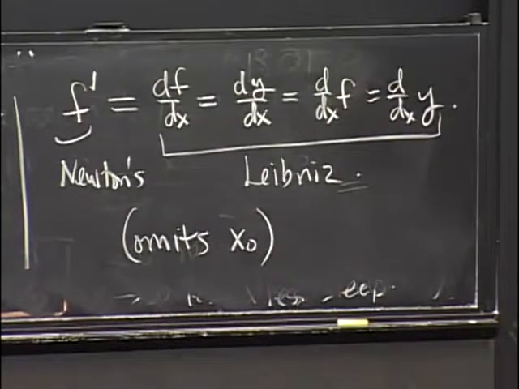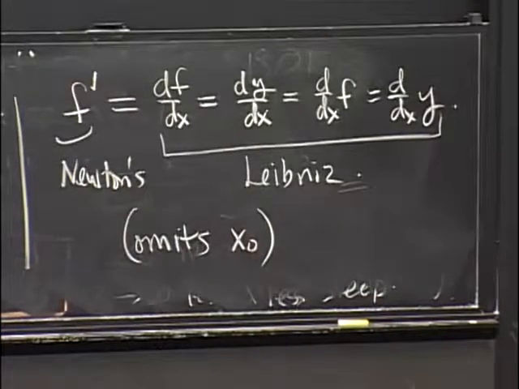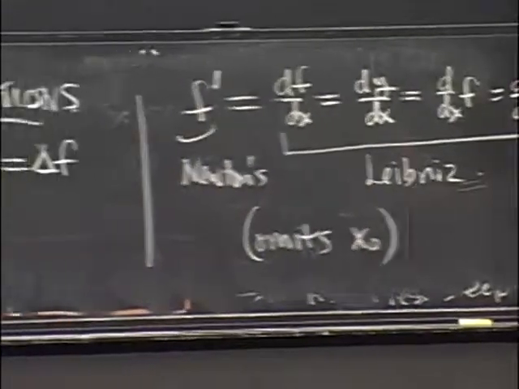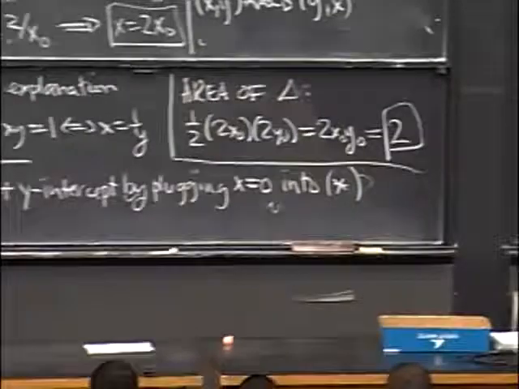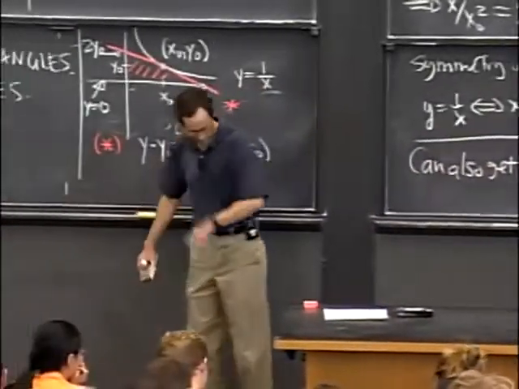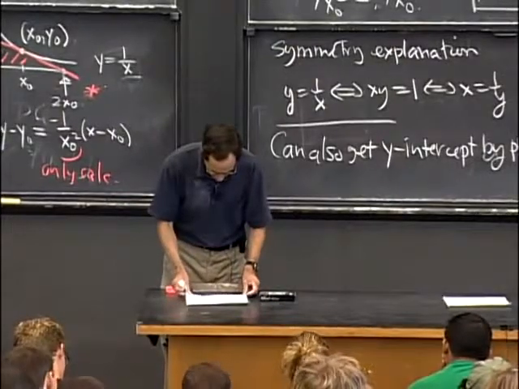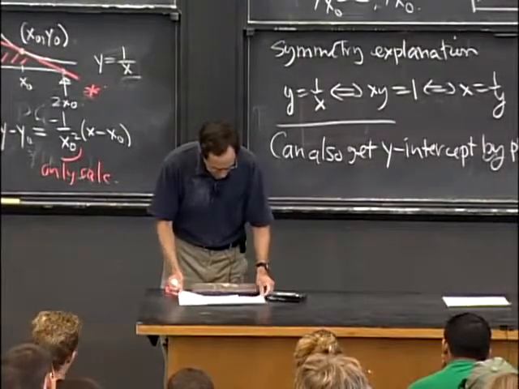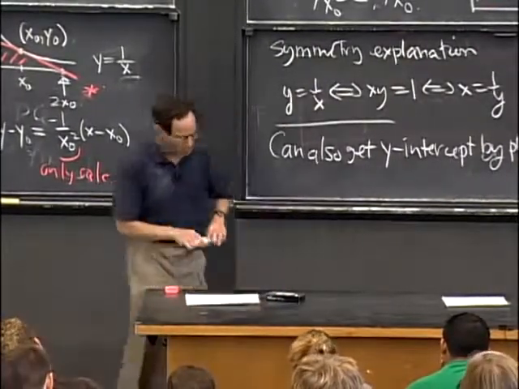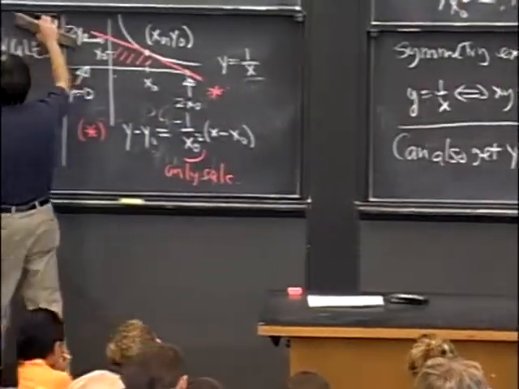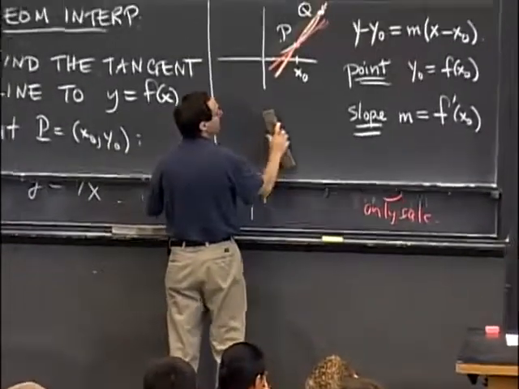So now I have one more calculation for you today. I carried out this calculation of the derivative of the function 1 over x. I want to take care of some other powers. So let's do that.